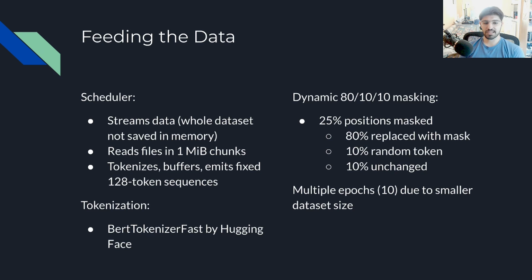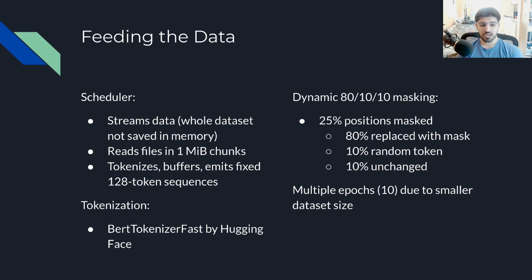Training a BERT is slightly different to training a GPT. In a BERT, you remove some of the tokens and let the model fill in the blanks using nearby tokens as context. This process is called masking. For the masking, I used the same masking process as the Cramming paper. 25% of the tokens will be masked.